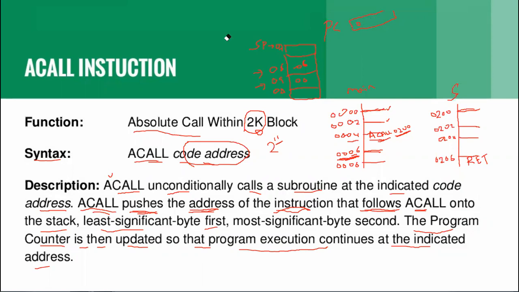What is the new address? 0200. So now where will the ALU go? The ALU will go to the PC location. What is the PC location now? PC has 0200. So this instruction starts executing now.